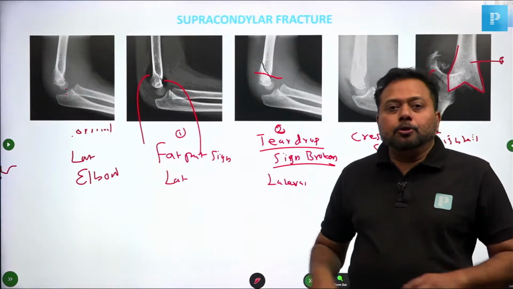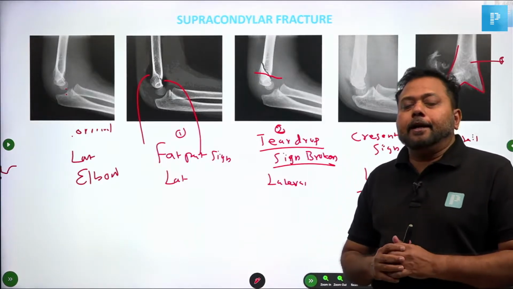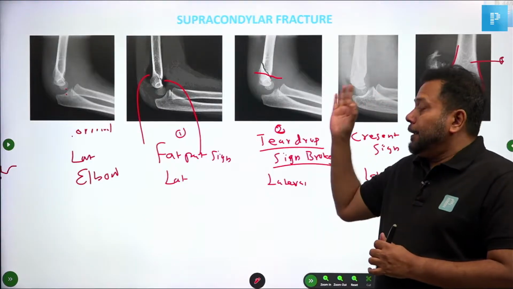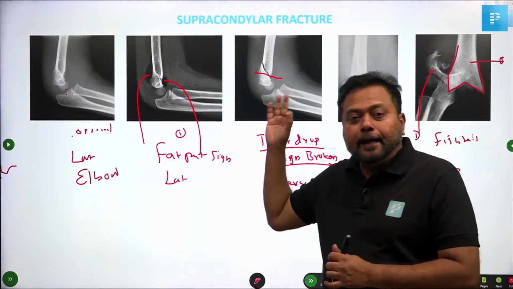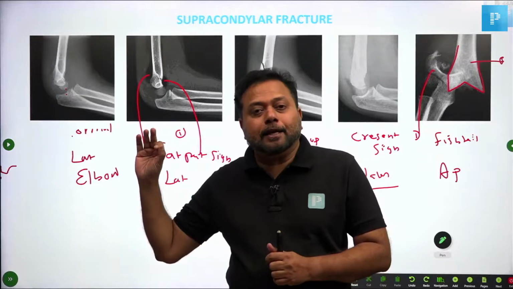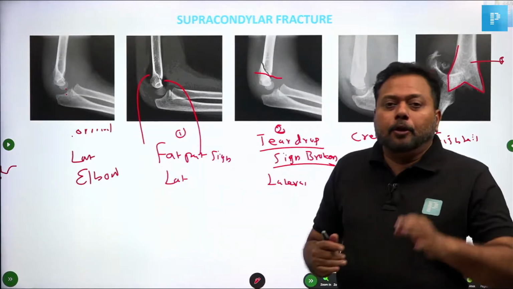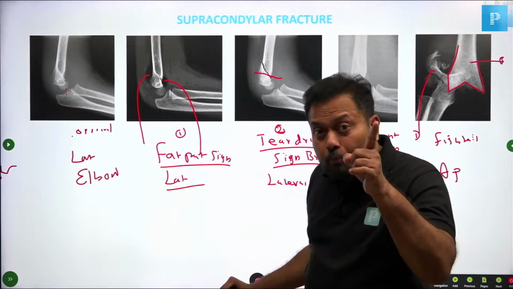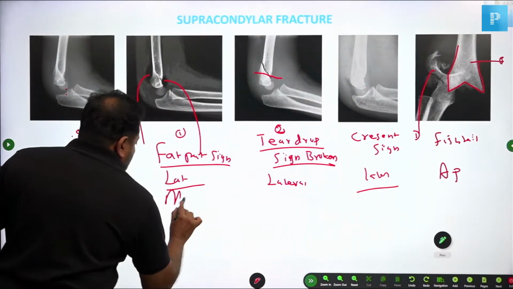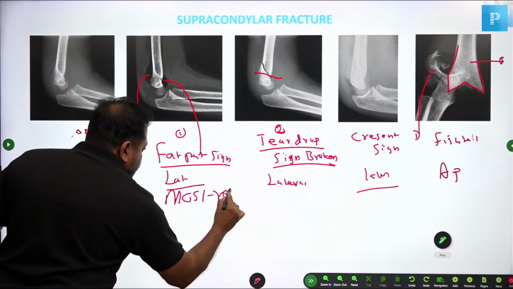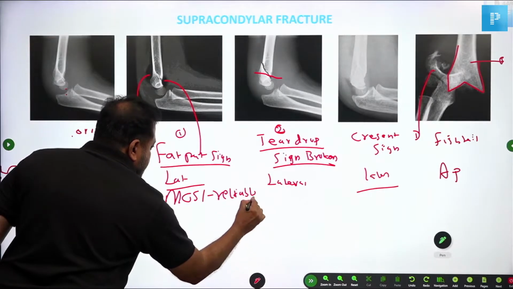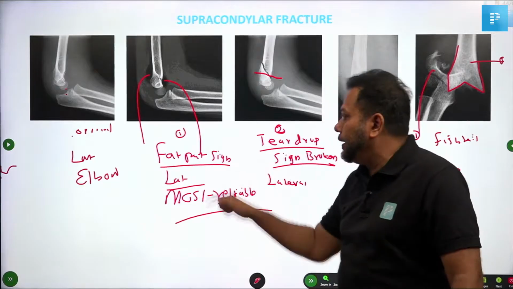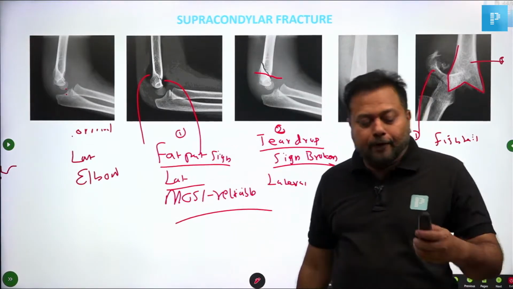So one should not forget the radiological signs of supracondylar fracture: a fat pad sign, a broken teardrop sign, a crescent sign and a fishtail sign. 4 signs are there. The most reliable sign is the fat pad sign. If they ask a question with all 4 signs in the choices and ask which is the most reliable sign, it is the fat pad sign.